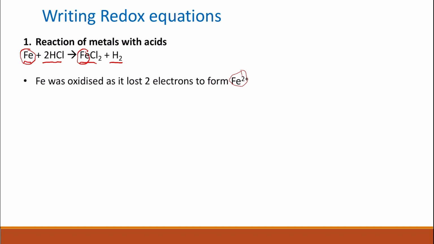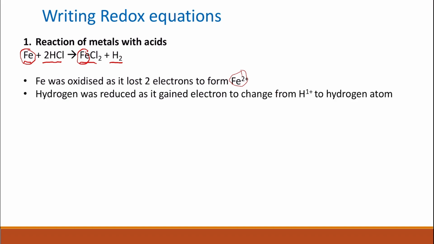The iron lost two electrons to give you the iron 2 plus, so it was oxidized. Hydrogen, on the other hand, gained electrons.